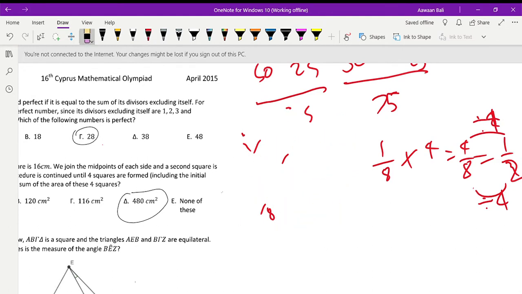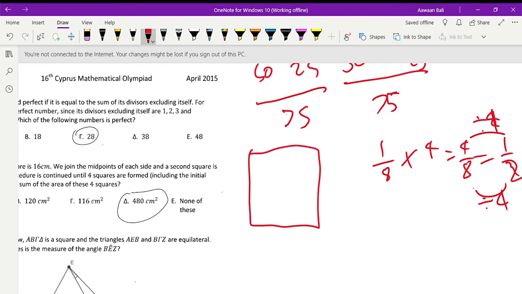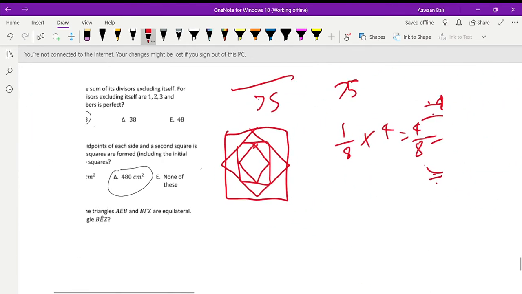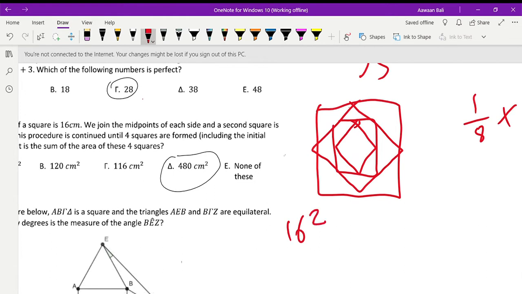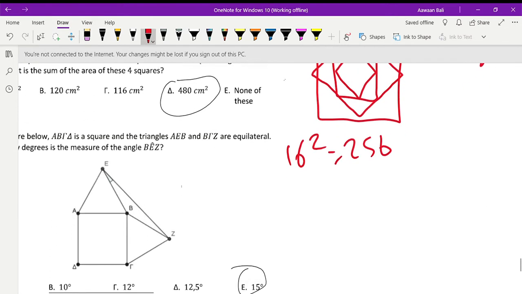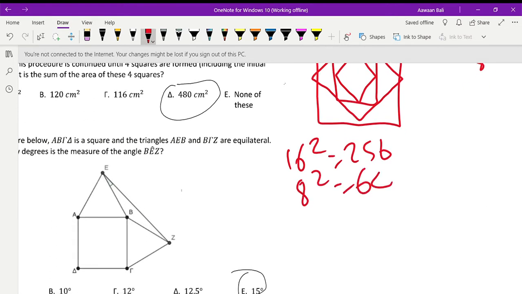So basically, knowing this, we can find the area of all of them. This is what the figure is, and each square is half of the other. We start from 16 squared, which is 256.